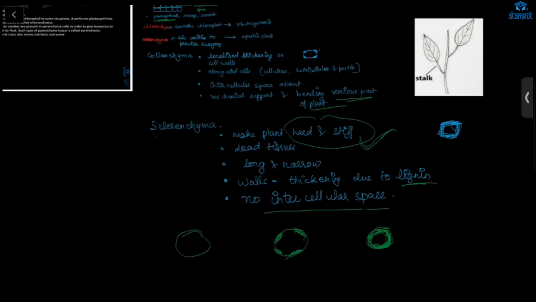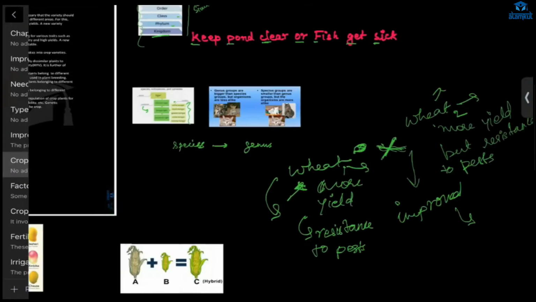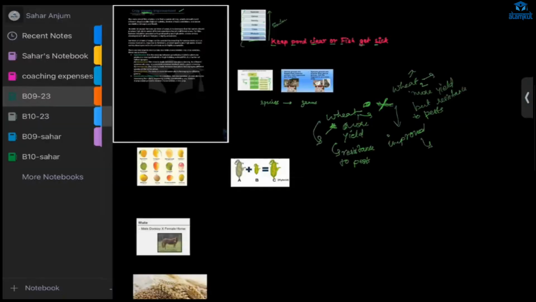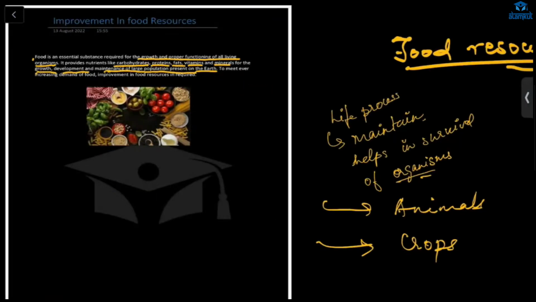Understood? Yeah. Okay. Now we'll start with our chapter. In the previous class, we started our chapter, improvement in food resources, right? We talked about why there should be a need for improvement in food resources.